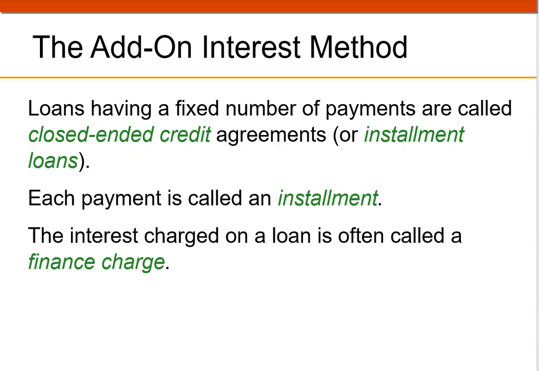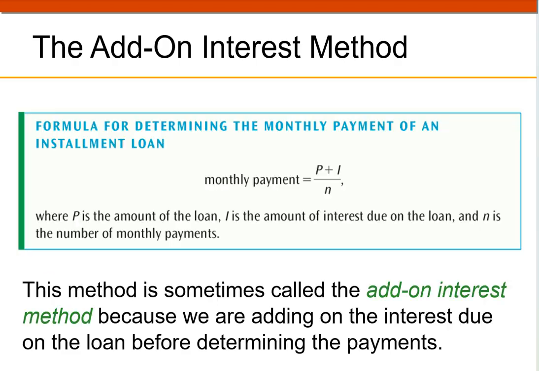Each payment that you make is called an installment, and the interest that is charged on the loan is called the finance charge. All right, so just words to look out for.